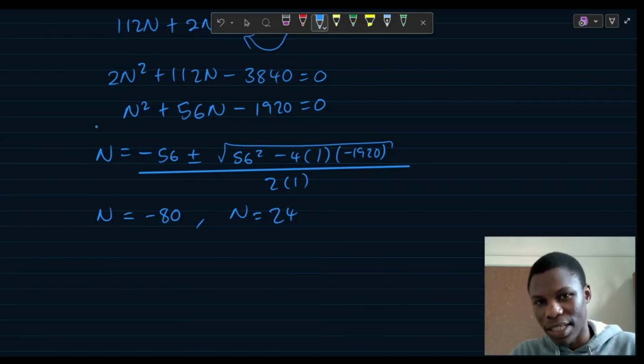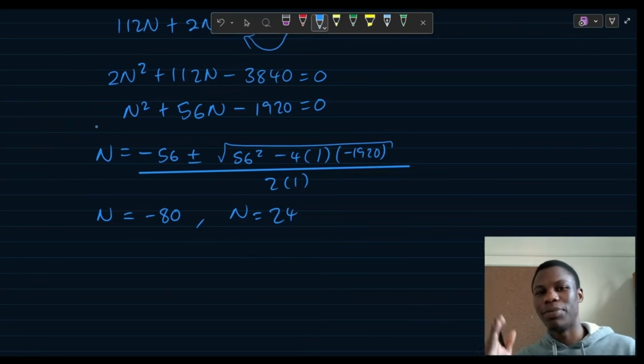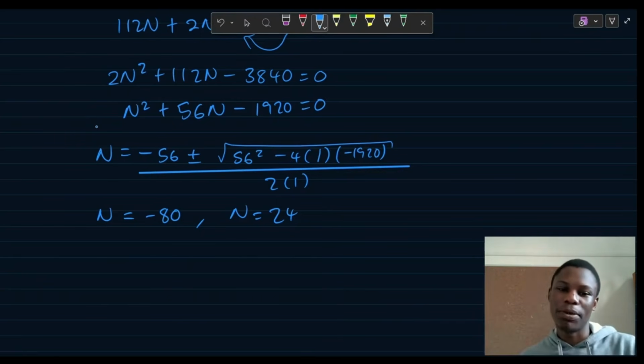And in the context of this term, remember that n is representing the nth term. It wouldn't make sense for us to say the negative 80th term, right? We can't have a term in a negative position. Remember, our terms start from term number 1, going to term number 2, going to term number 3, and so on. The positions for our terms are always positive. They can't be negative. So I can't have the negative 80th term.